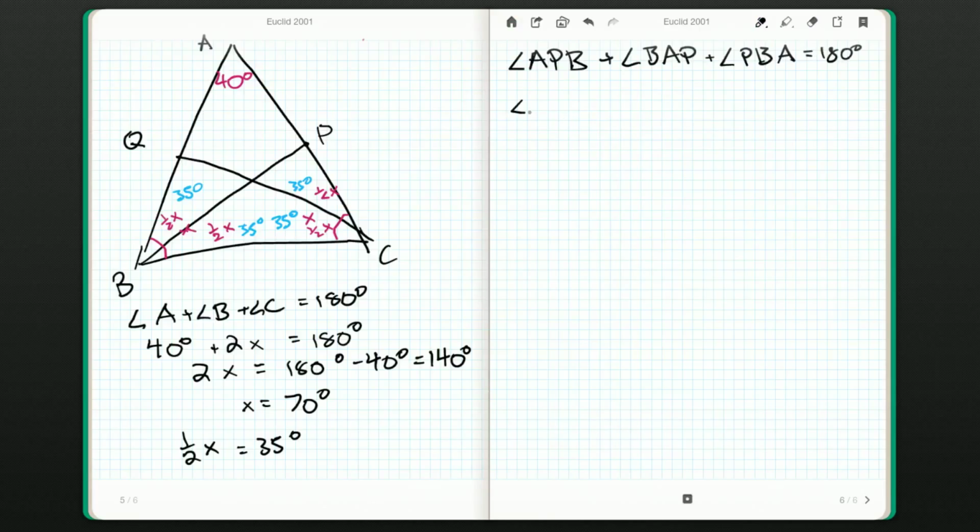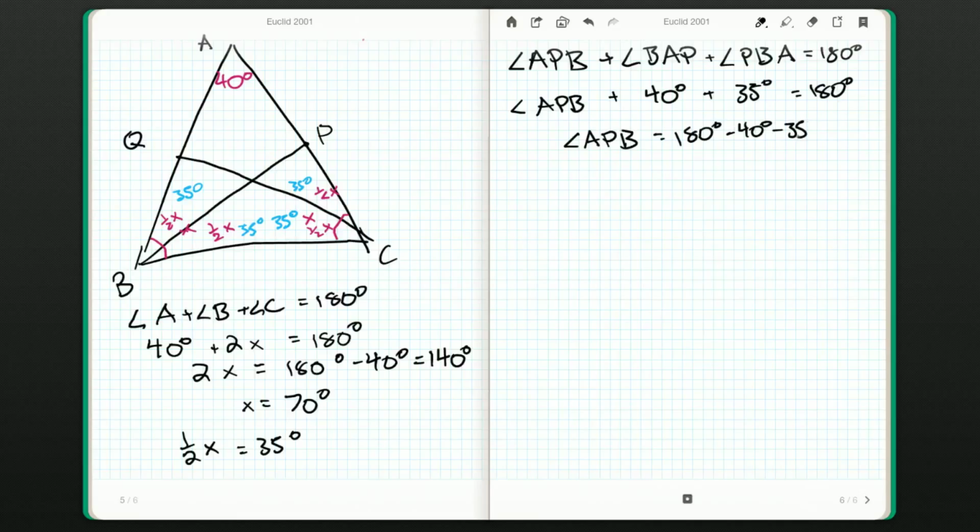So we have the angle that we want, plus the angle we were given in the problem, plus the 35 degrees that we just worked out, equal to 180 degrees. So angle APB is 180 degrees minus 40 degrees, which is 140 degrees, minus 35 degrees. So that's going to be 105 degrees.